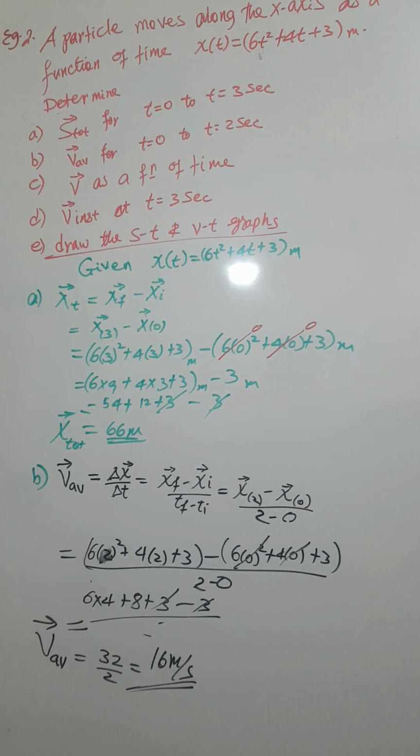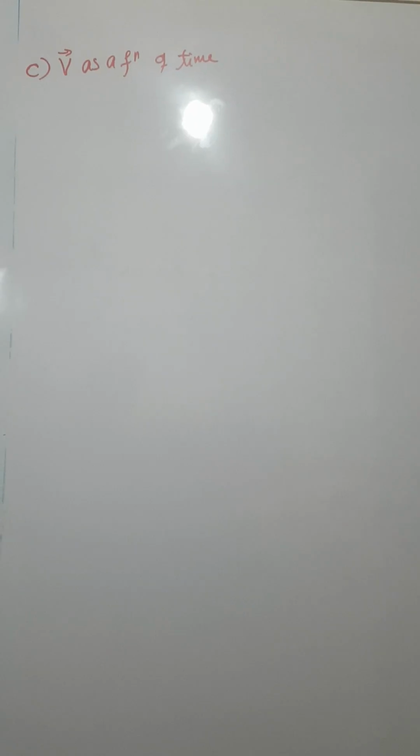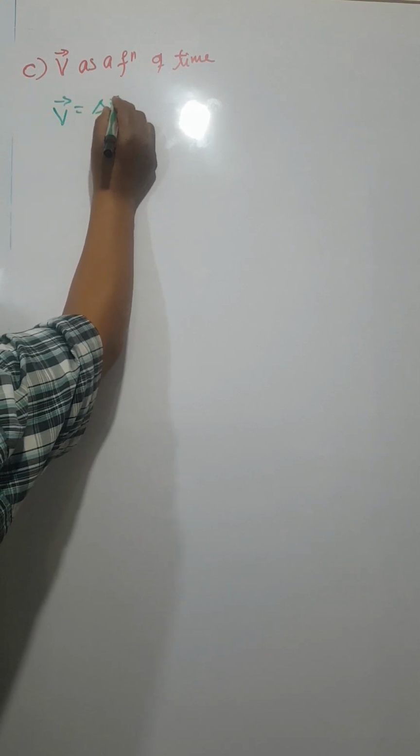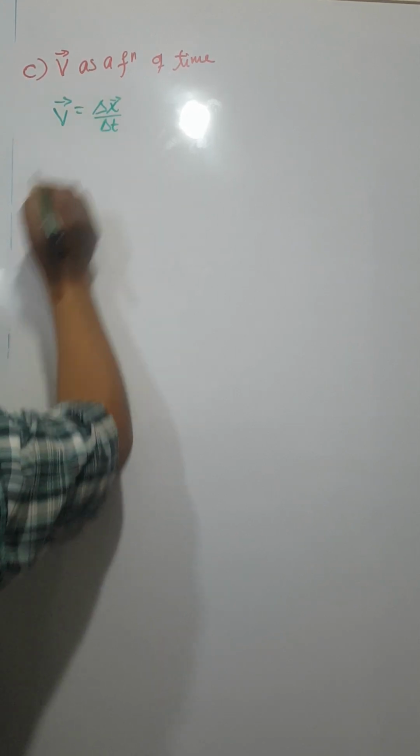Now the next is C, v as a function of time. How do we express v as a function of time? So C, v as a function of time. Now here, v is equal to change in x divided by change in t.